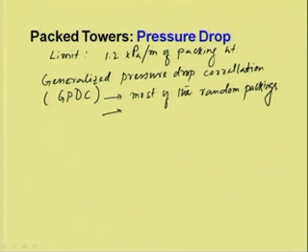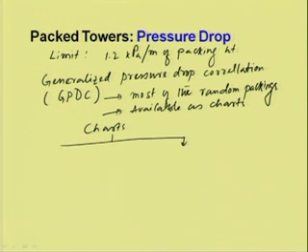It is available as charts in most of the standard books, and this chart has two parts: one is the flow parameter and the other is the capacity parameter.